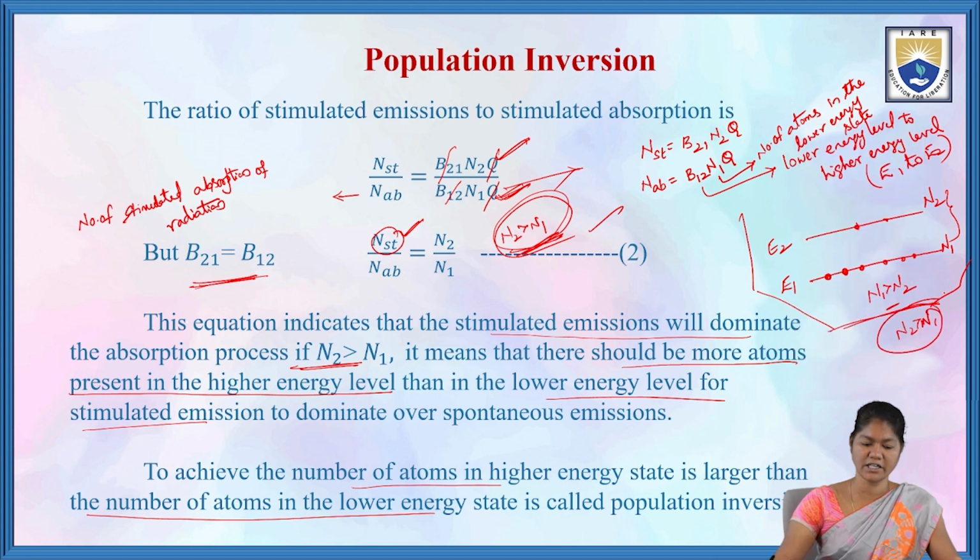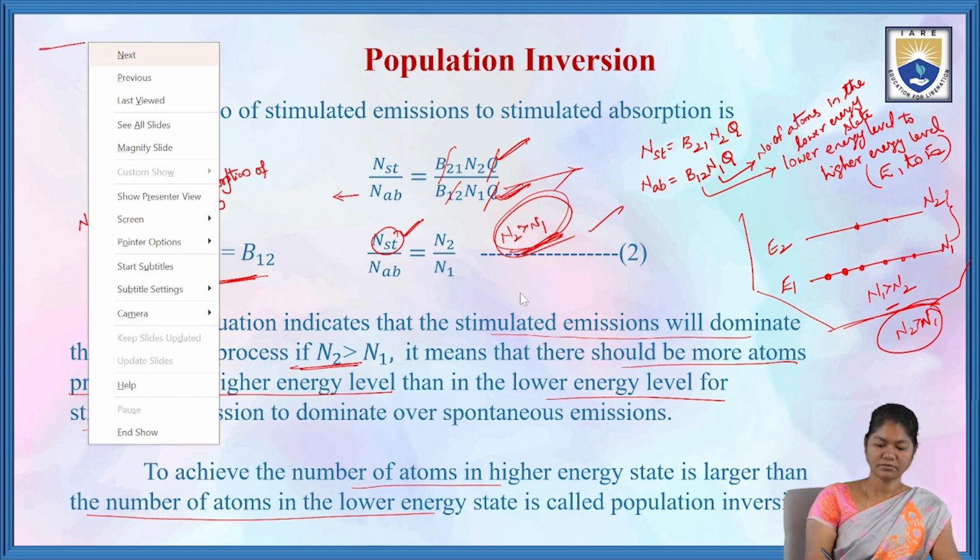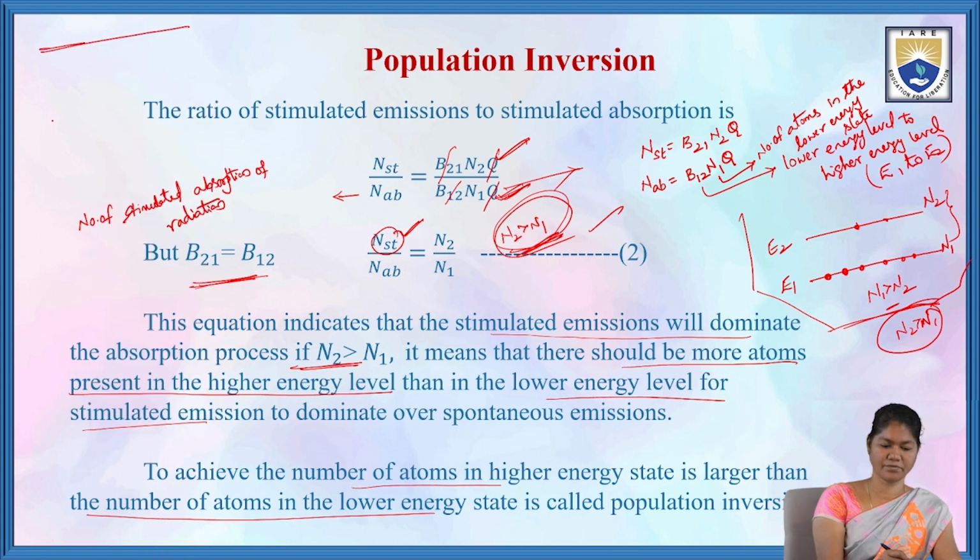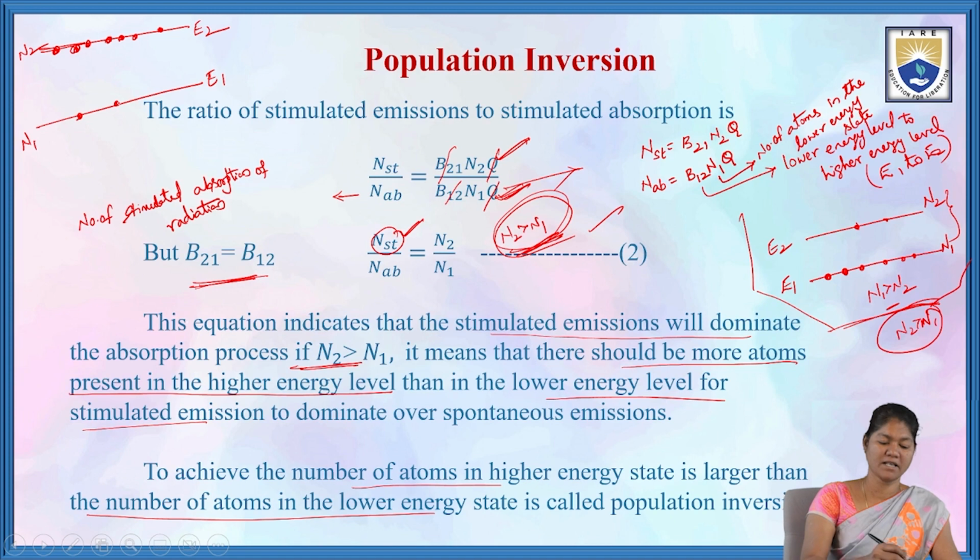In the diagram, we can see E1, E2, N1, N2. We want to make more atoms in the excited state. So in this diagram, N2 is greater than N1.